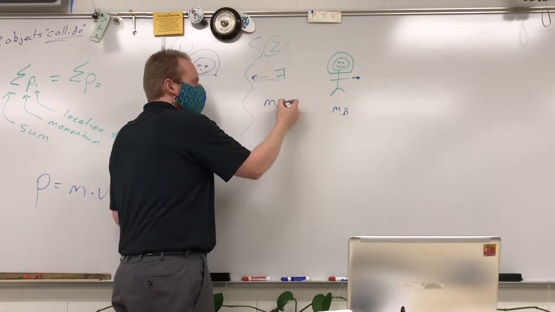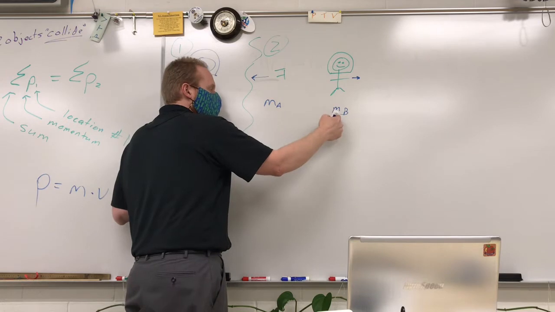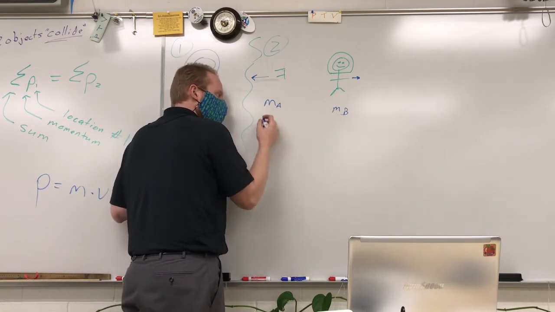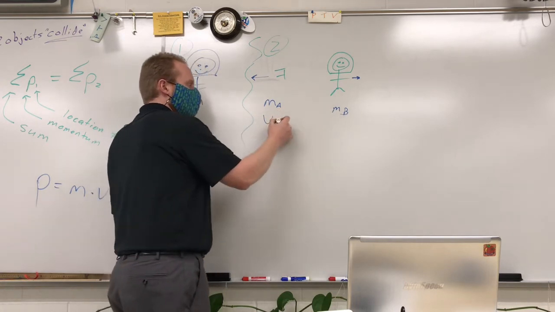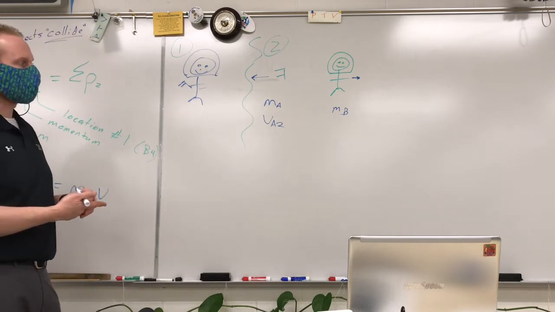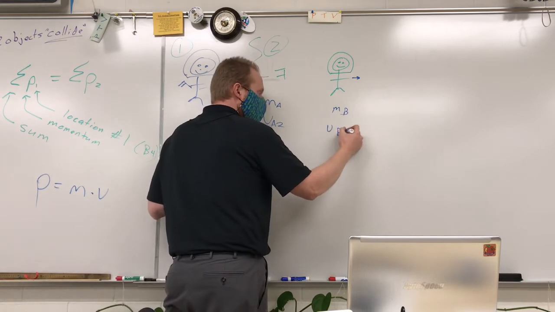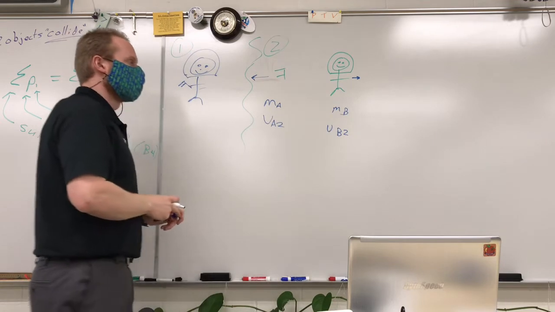If we call the wrench object A, we need the mass of object A, and we need the astronaut's mass, the mass of object B. We're determining momentum, so we also need the velocity of object A at location 2, after she throws her wrench, and the velocity of the astronaut at location 2, so VB2.